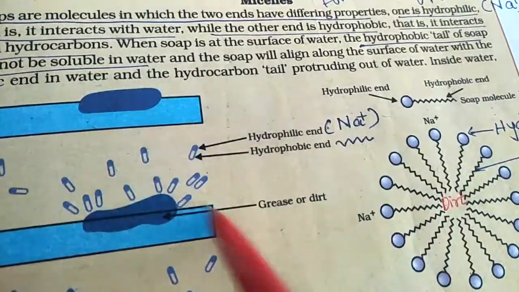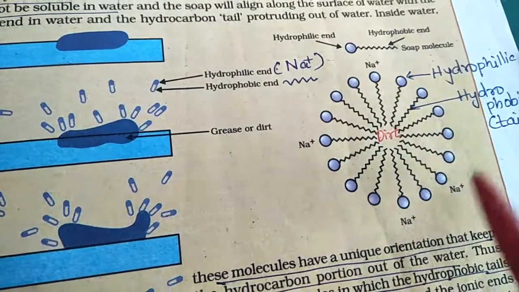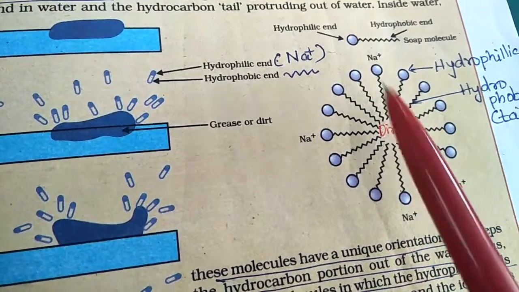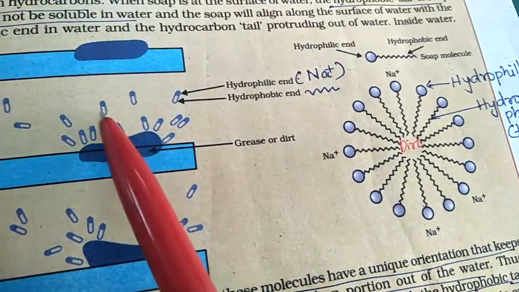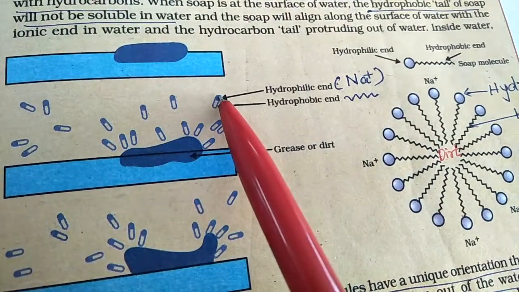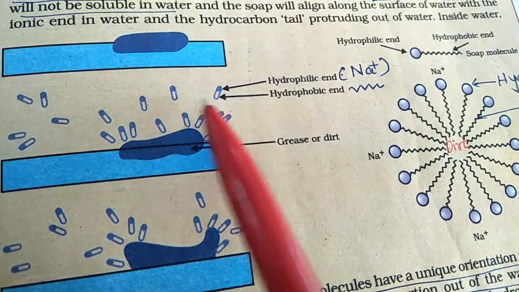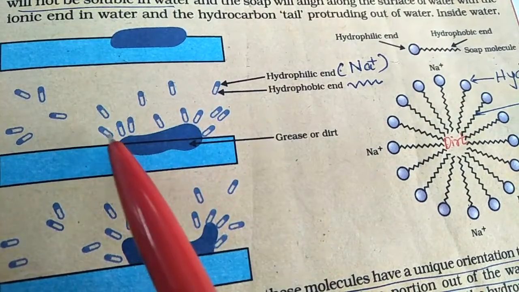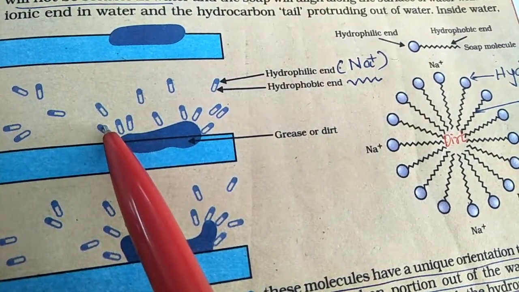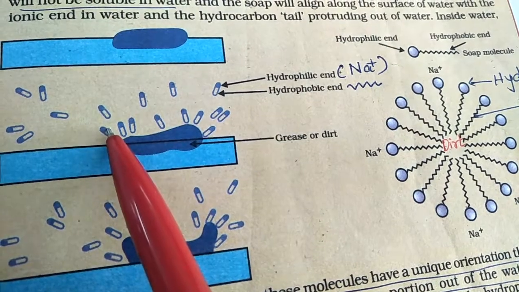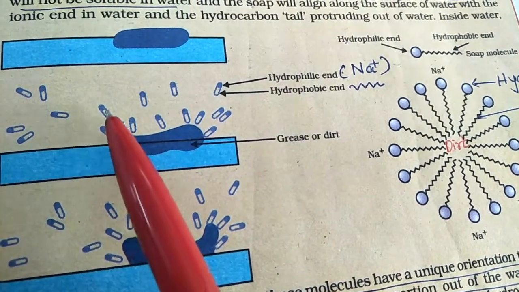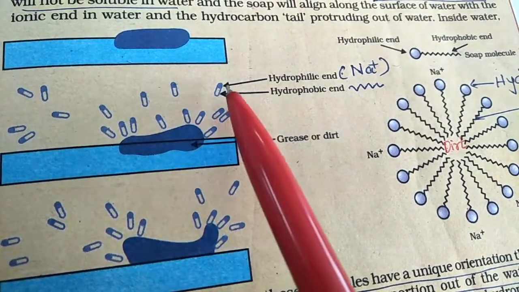If you look at the figure given here, this is the micelle which we studied. This is the dirt and the tails. These are the minute micelles. You can see the shaded part, that is the Na, and this part is the tail part. These are the molecules of soap, which have two parts.